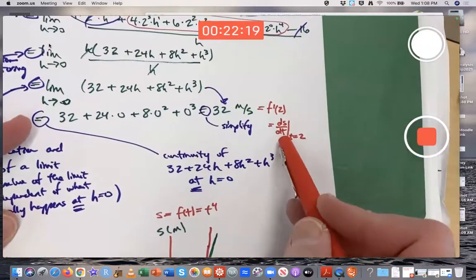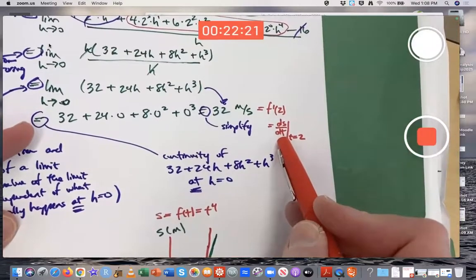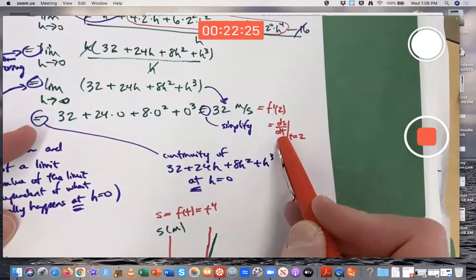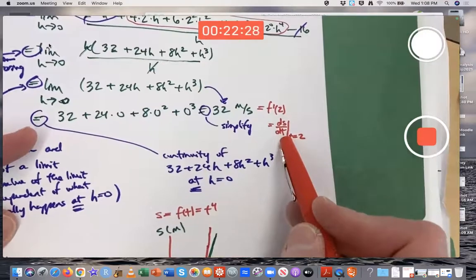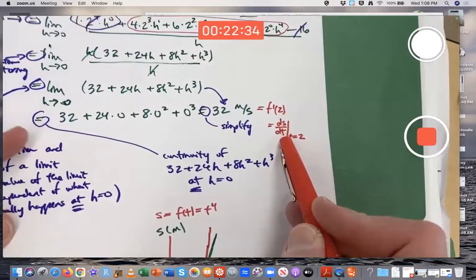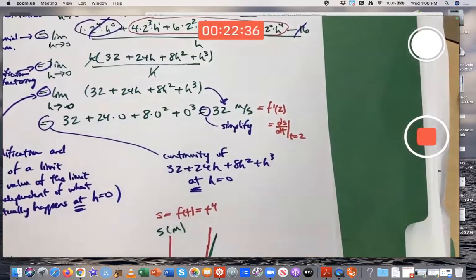The ds and the dt, their official names are differentials. We put them as if they're in a fraction, as if we're dividing, even though that's not really what's going on. But if you pretend it's what is going on, it can give you insights into how calculus is useful. That's why we pretend it that way.